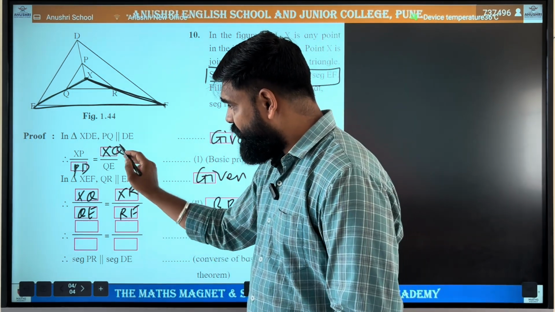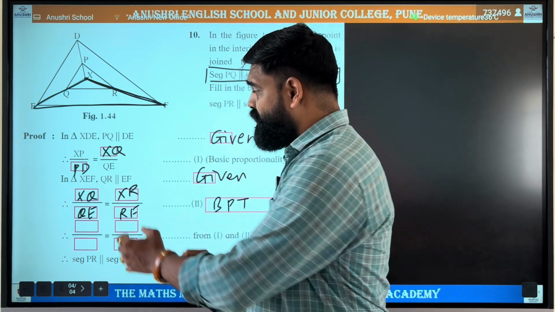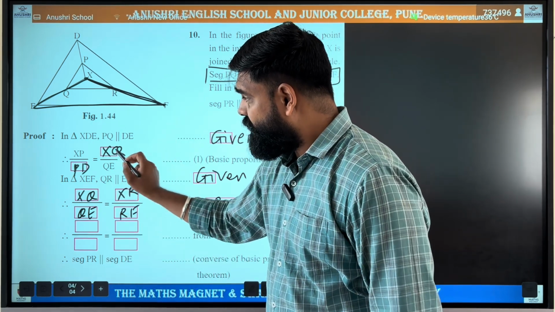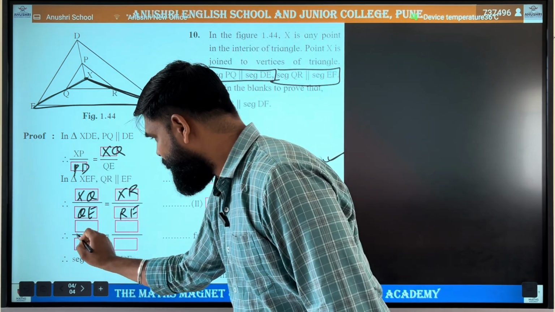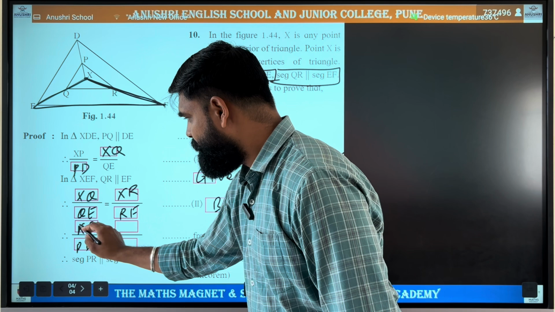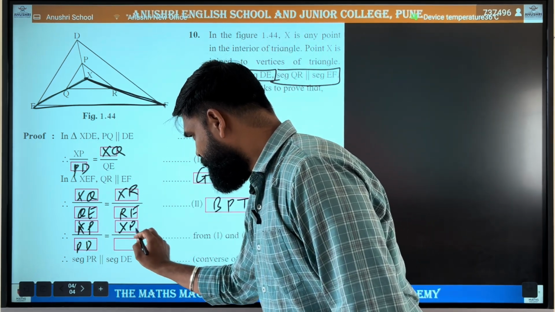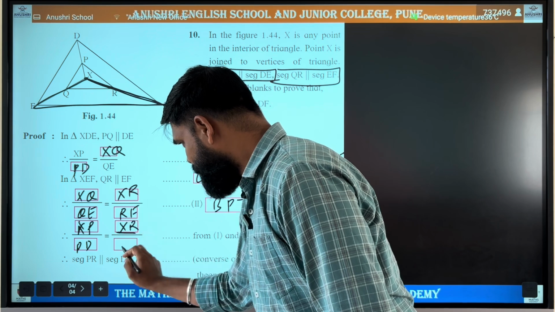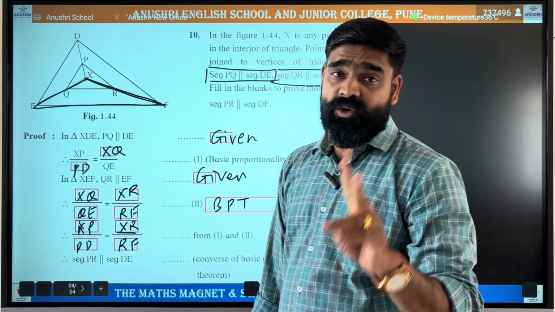So if this XQ by QE is equal in both the equations, we can write XP by PD is equal to XR by RF, okay. So we got these two ratios equal.